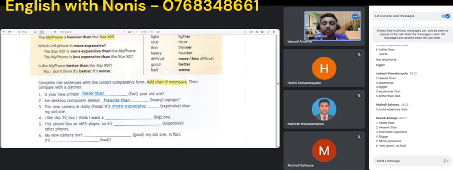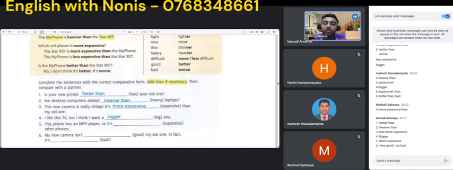I like this TV, but I think I want a space. Within brackets they have given the word big. I want here it's one, they have not given the noun actually. What is the comparative form of big? That's bigger.